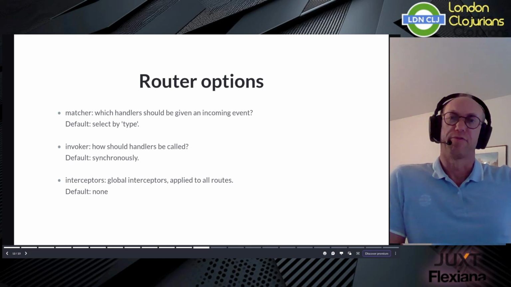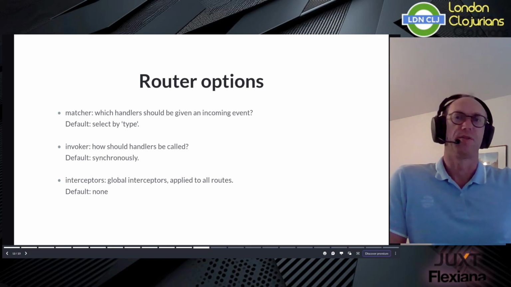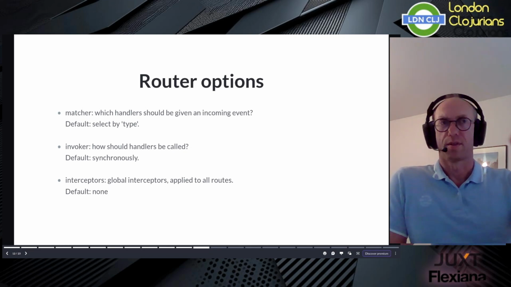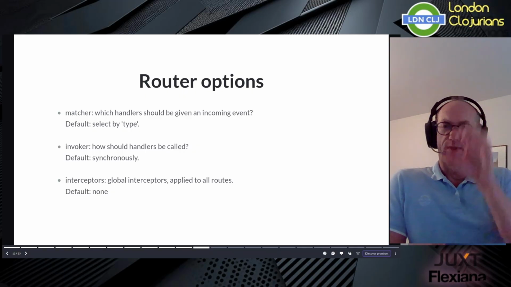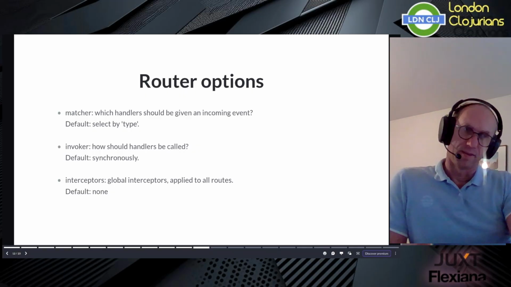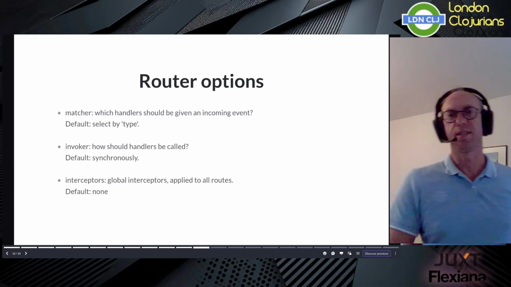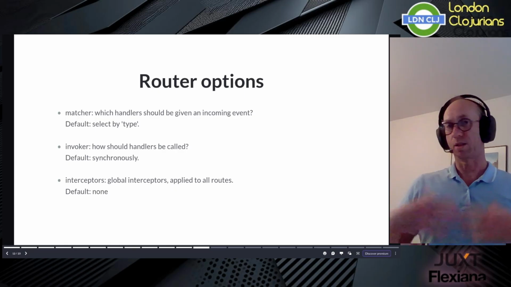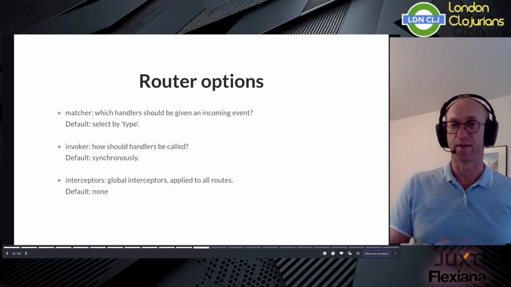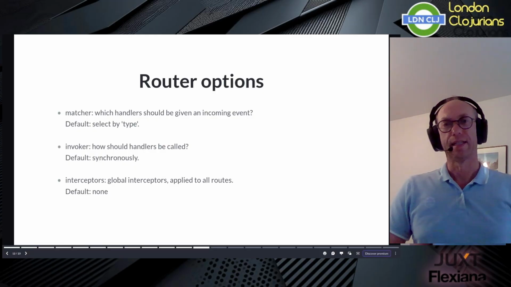So the default implementation, if you do not provide your own matcher, will just take the type out of the event and look it up in that routing structure and say, okay, this type can be handled by these matchers. If nobody can handle the event, then it is silently dropped.